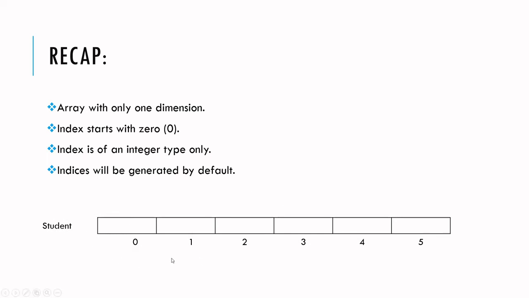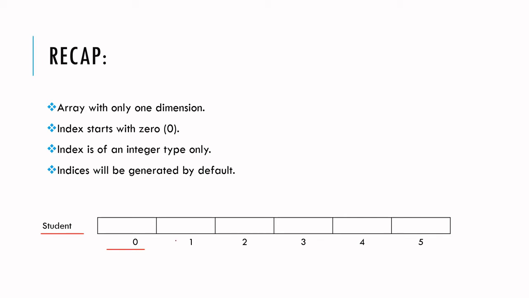This is a diagrammatic representation of an array. Notice here that the array index starts from 0 and is incremented by 1 each time, right? And the name of the array given here is student. We have already mentioned that an array is a derived data type in which we store a list of values belonging to the same data type, stored in consecutive memory locations.